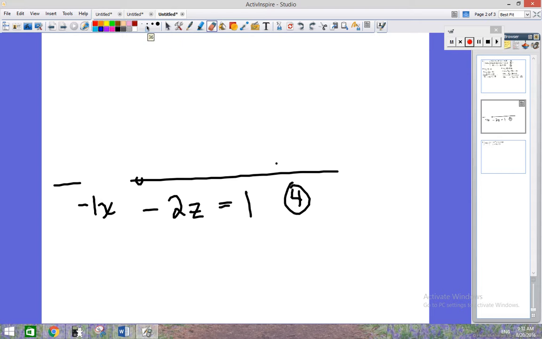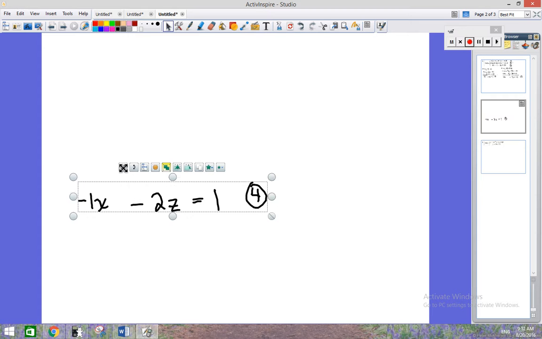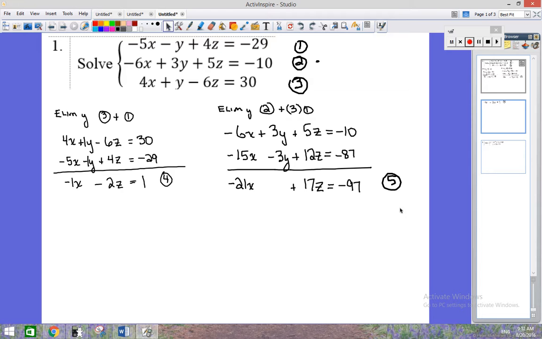Maybe I'll make the size of my eraser a little bit smaller. Alright, so there's equation 4. And that's grouped together, and let's move it up here. Let's go get equation 5. And it selected it fine.